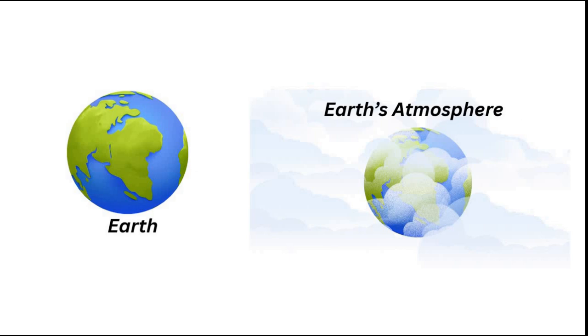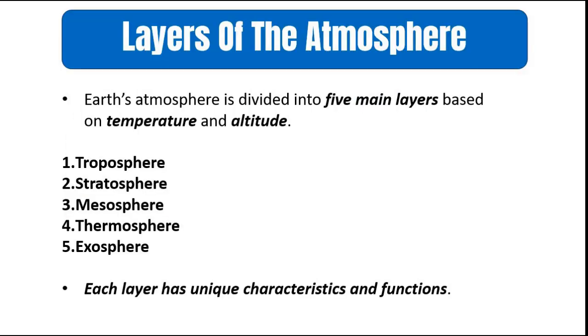Now this atmosphere can be divided into various layers, mainly five main layers, and we can categorize them on the basis of temperature and altitude, the height from the surface of the earth.